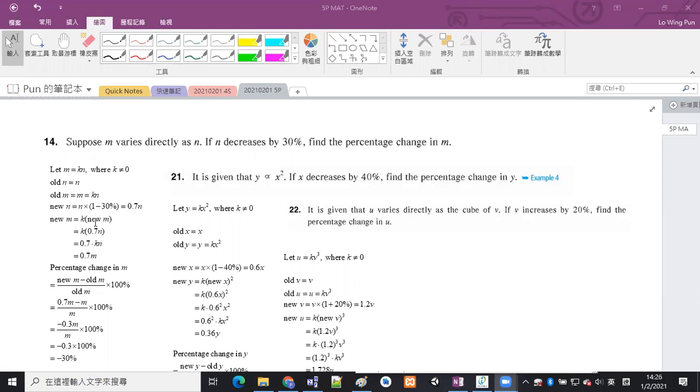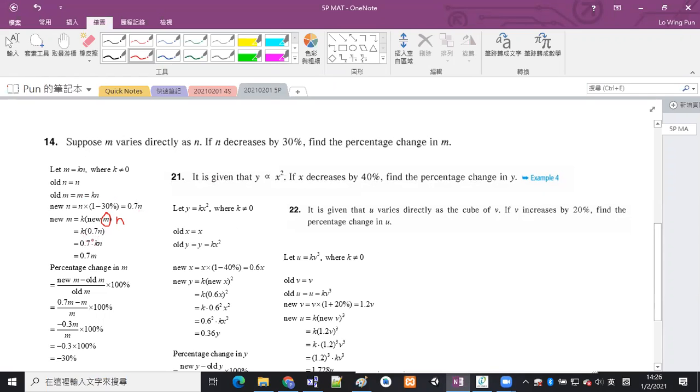And then the new m is calculated by k times the new n. Sorry, this one should be an n. But the new n is equal to 0.7n, so it is replaced by 0.7n here, and then the number should be put to the front of the expression.